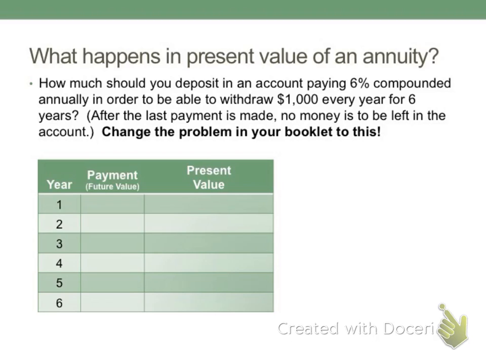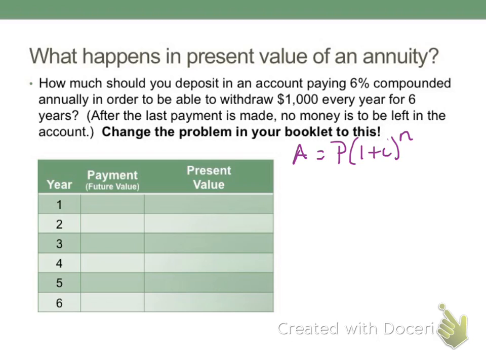Okay, so here's what that would look like. So we are trying to figure out the present value. Let's go back to the present value we already know about. Again, if you think about A being equal to P times (1 plus i) to the nth power, right? That's our compound interest formula.